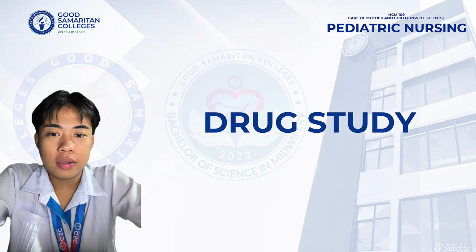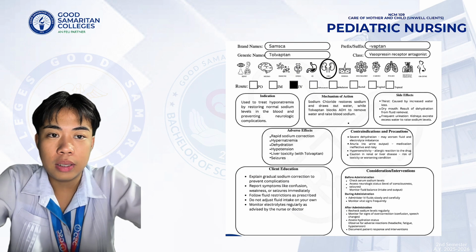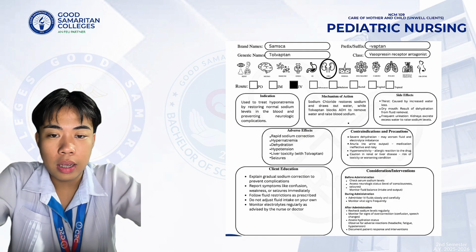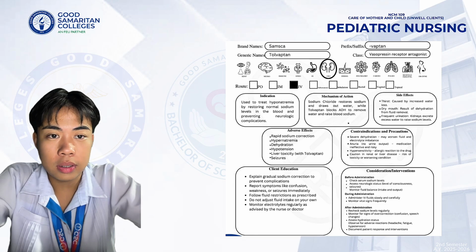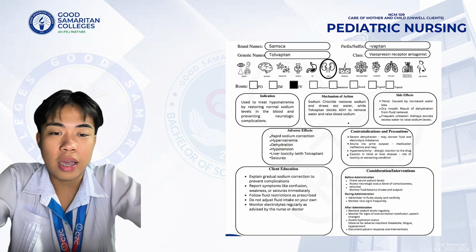And for the drug study of hyponatremia, we have your brand name Samsca, generic name tolvaptan, and prefix suffix vaptan, class vasopressin receptor antagonist. The route of administration is IV.